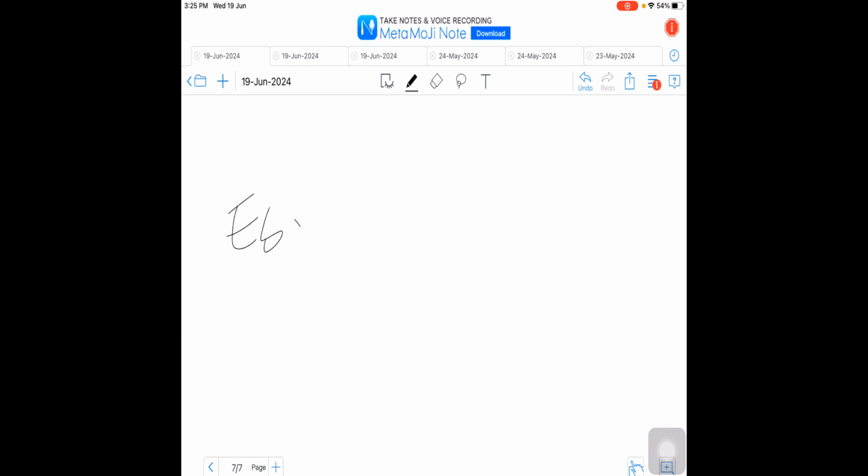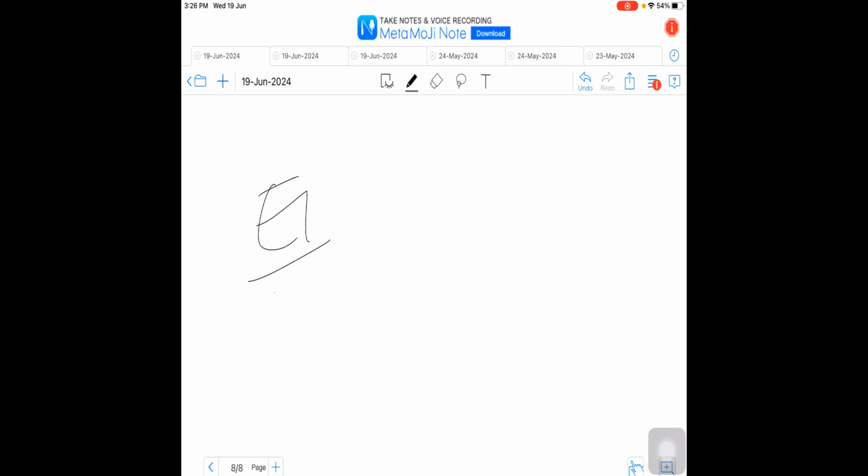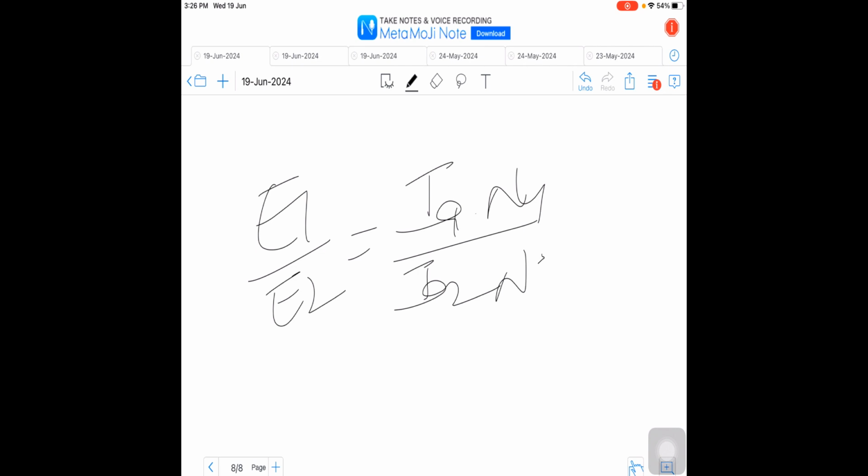Similarly, substituting, the value for EB2 is equal to V2 minus 28. So we know that back EMF EB is equal to phi N Z P by 60A. Keeping this formula, we can say that E1 by E2 is equal to Ia1 N1 by Ia2 N2.